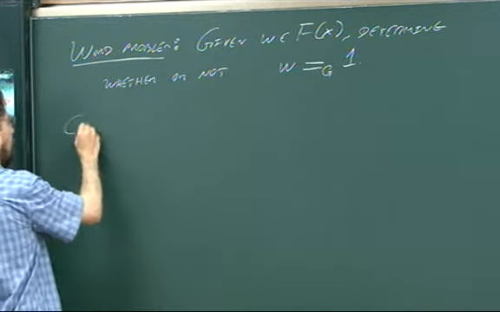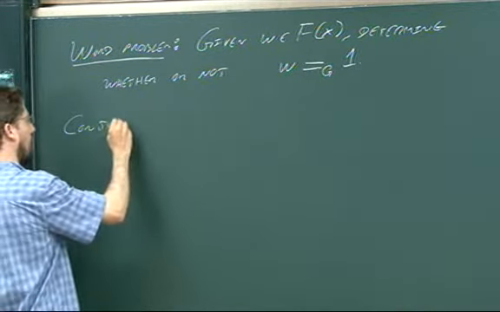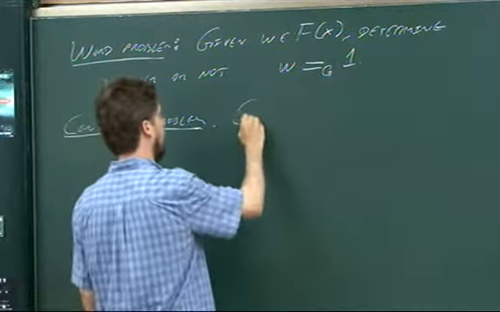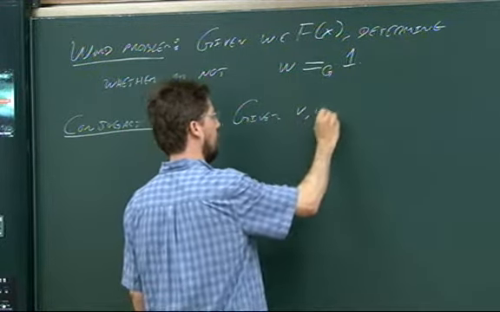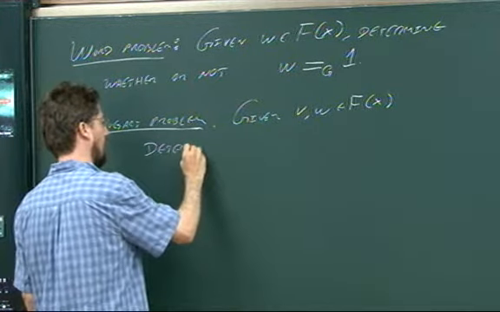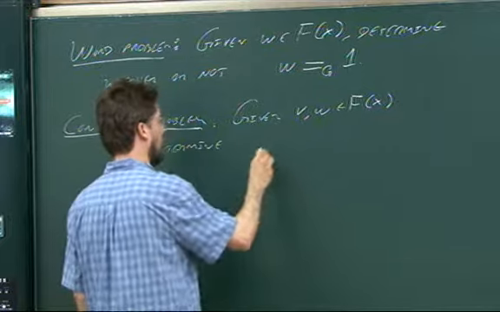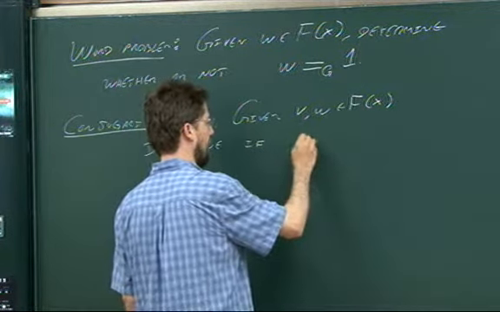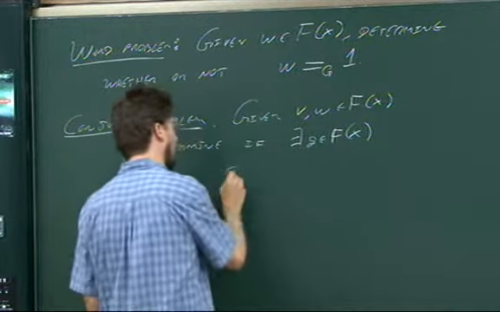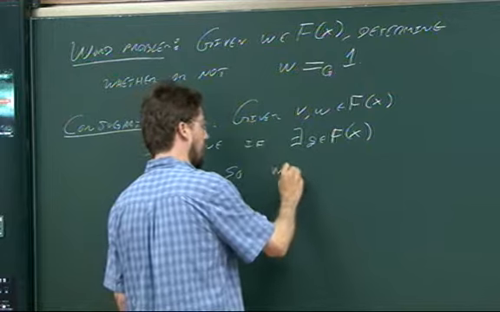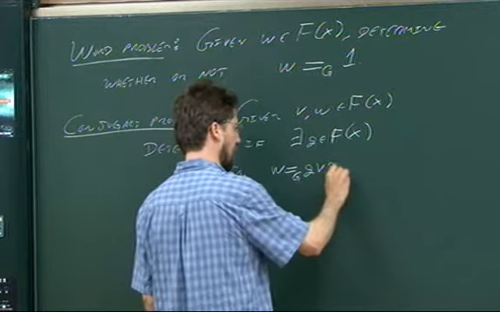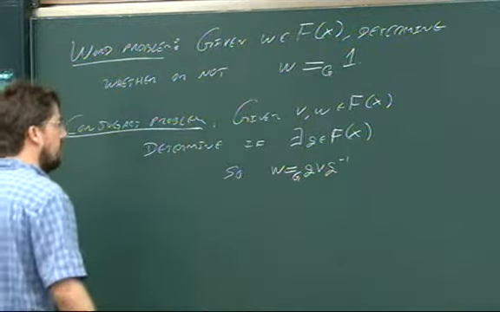Okay, and then the conjugacy problem. Given two words w and v, determine whether or not there exists some g also in this free group on the set X, so that w is conjugate in G to v.